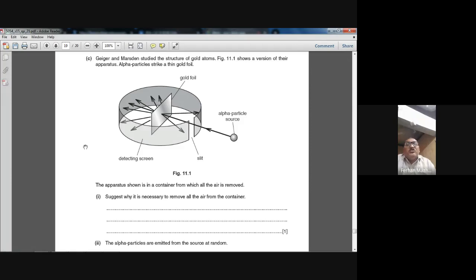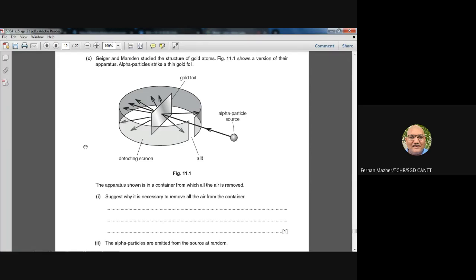Because you are using alpha particles, the penetration power of the alpha particles is very low. If the air is present, the alpha particles can only penetrate a few centimeters, maybe 4 or 5 centimeters in the air.